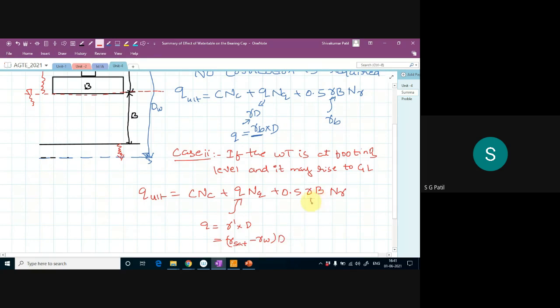Then in this term, your gamma now becomes gamma dash, that is gamma sat minus gamma w, the saturated unit weight minus the unit weight of water. So these are the two changes in case number 2. Now we'll see case number 3.